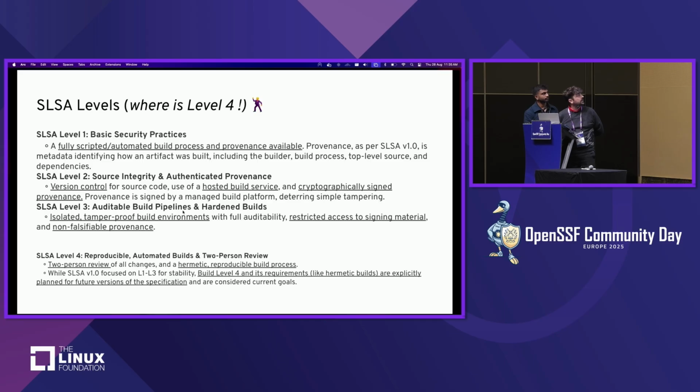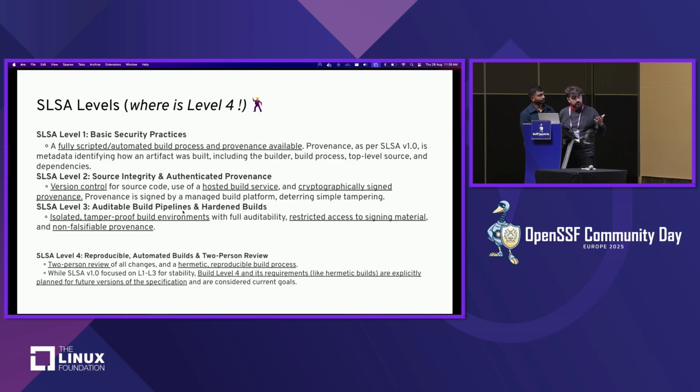And you want to restrict access to your signing material so that not everyone can see your keys, more or less. And non-falsifiable provenance, which essentially is, you want to make sure that no one can falsify your provenance by, for example, running trusted steps or trusted script, etc.